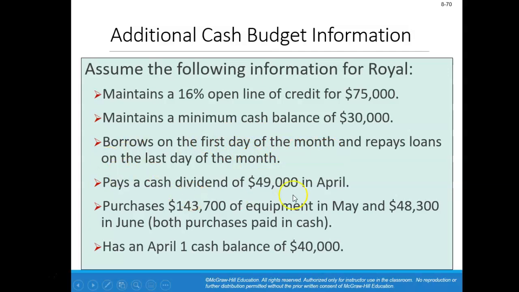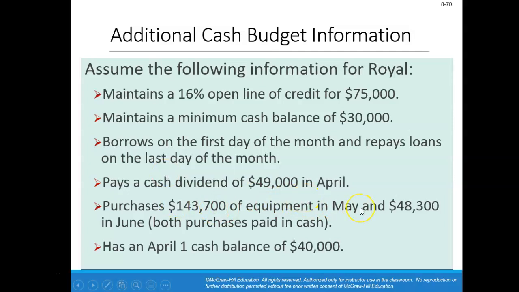All right? We're paying out a cash dividend in the month of April only for $49,000. We're going to buy equipment. In the month of May, the equipment cost is $143,700.